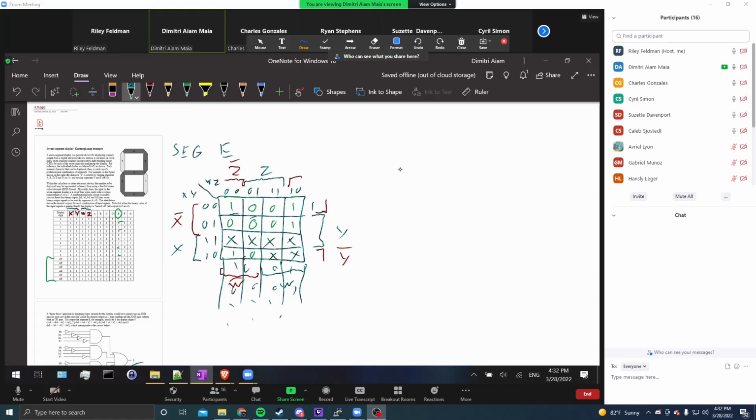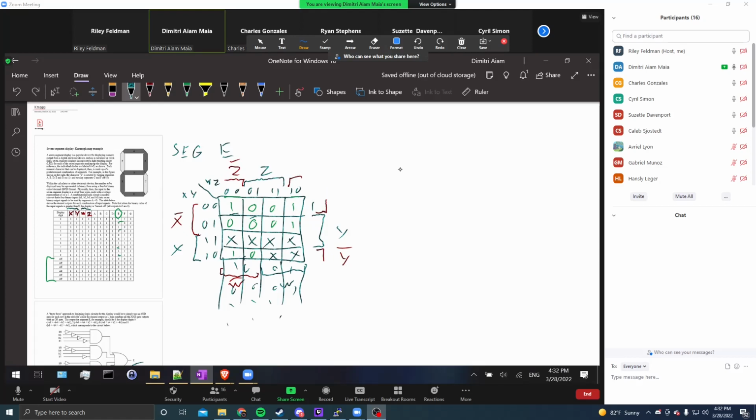Do you see that? So this don't care shows up here, and this one over here shows up here. This means that they are all close together, so I can make one group over here. Do you see that?